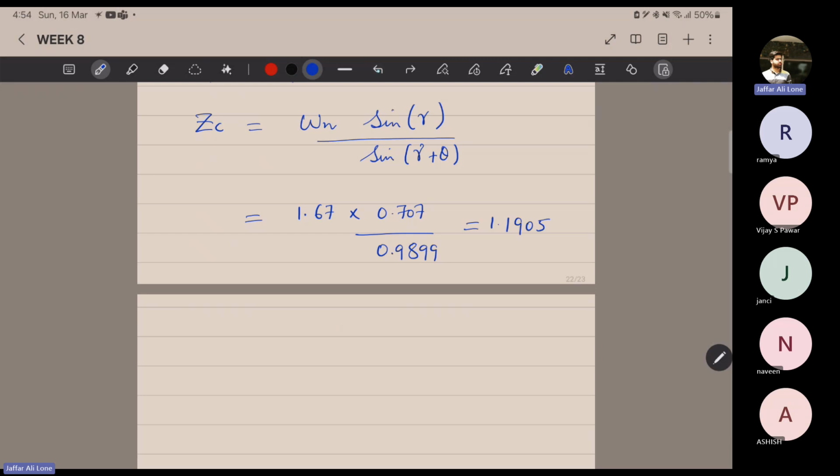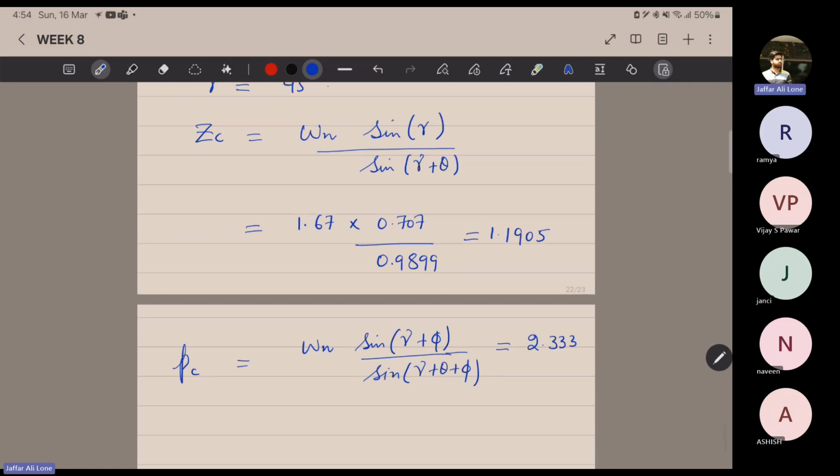Similarly, you will find PC. PC will be omega n sine of gamma plus phi divided by sine of gamma plus theta plus phi, which when you solve, you will get 2.33.